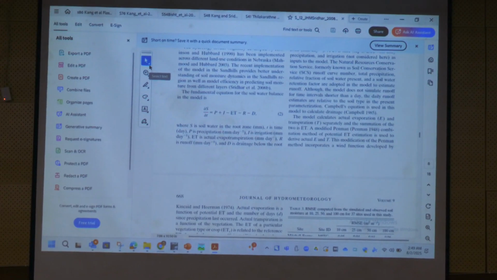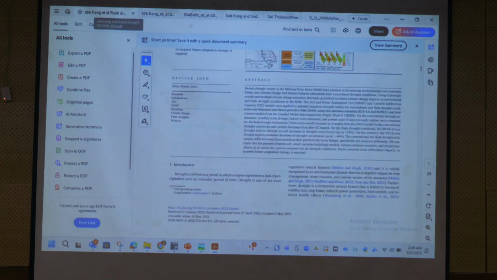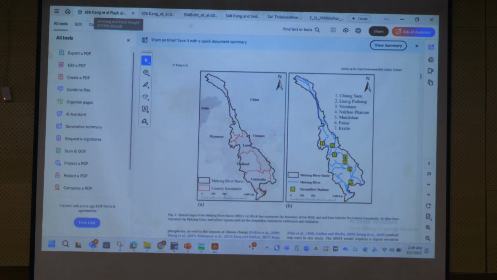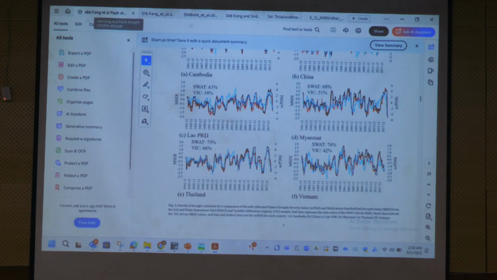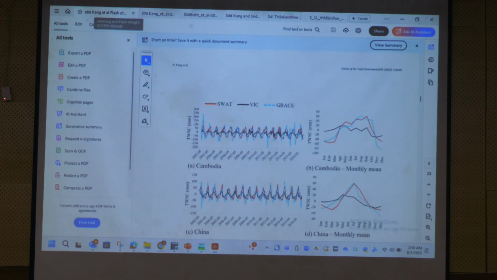Just try that first as a first paper to read, but then there are other papers that I talk about, like the flash droughts, using pentads, and then using models and combination for coming up with a drought index like MSDI, in this case, the modified or multivariate soil moisture based drought index. So, two different models, and we also compared that with GRACE data, that is total water storage, which will represent the deeper soil moisture to some extent.